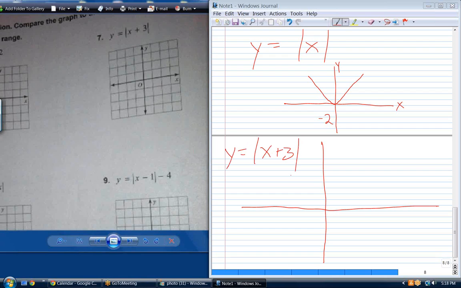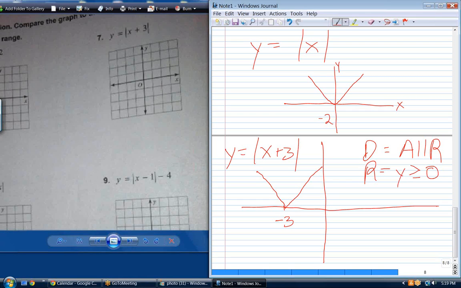What's this plus 3 do? Horizontally move to the left. Very good, by 3 units. So this graph's like this. Now tell me domain and range. Domain is all real numbers, and the range is y is greater than or equal to 0.